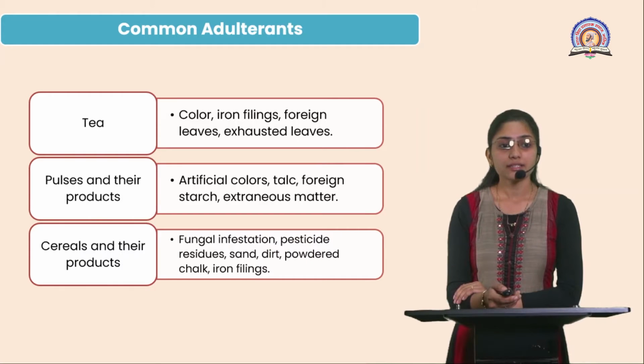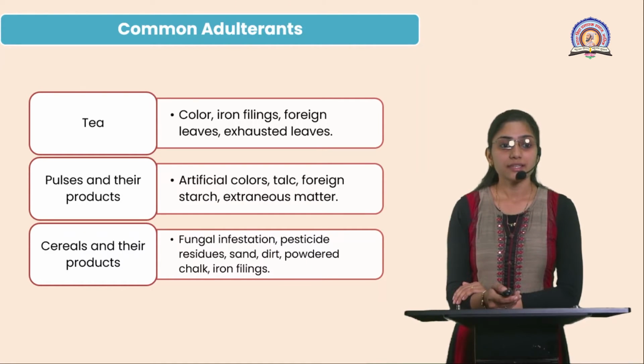Again, you can take the example of pulses. In pulses, artificial color is there, foreign starch is there, extraneous matter is there. These are the adulterants. These are the foreign substances which are present in the pulses, and because of the presence of these adulterants, that food gets adulterated.